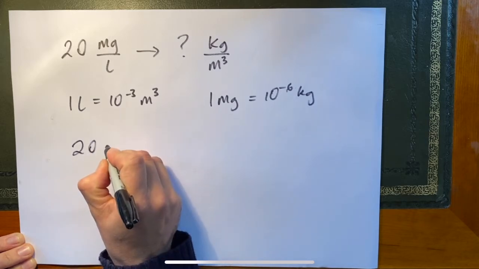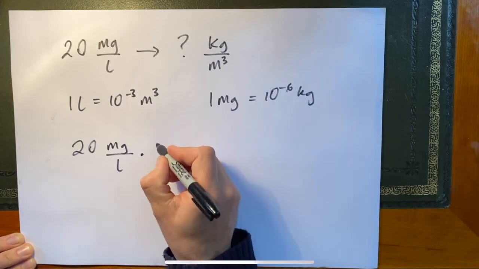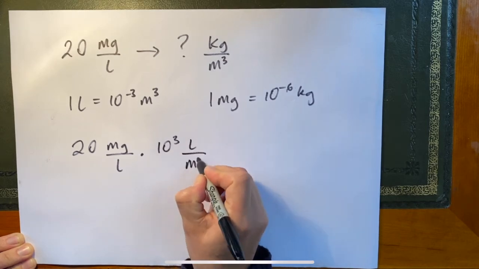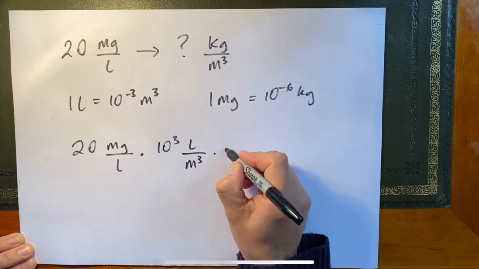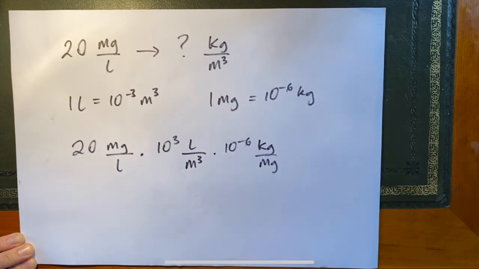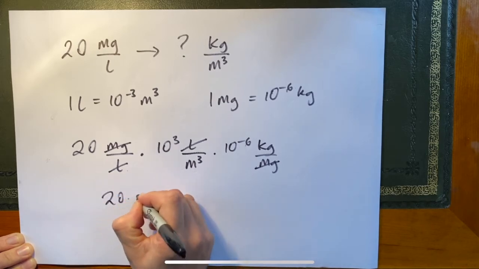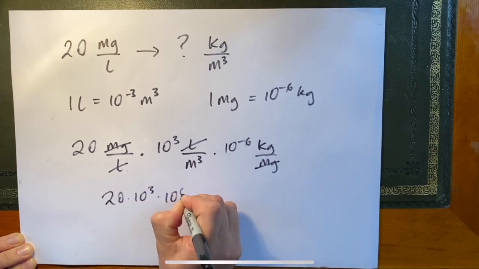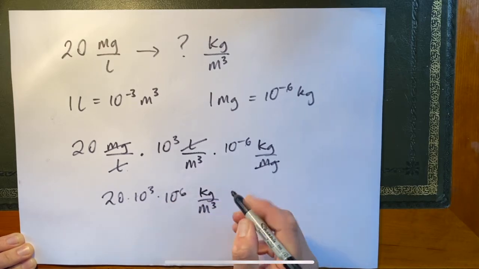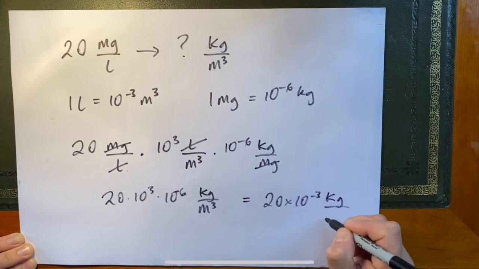You can see in the other video, 20 milligrams per litre multiplied by 10 to the 3 litres per metre cubed, so we've inverted that, multiplied by 10 to the minus 6 kilograms per milligram, and so the milligrams cancel out, the litres cancel out, and you're left with 20 times 10 to the 3 times 10 to the minus 6 kilograms per metre cubed, and then when you do that all out, you get 20 times 10 to the minus 3 kilograms per metre cubed.